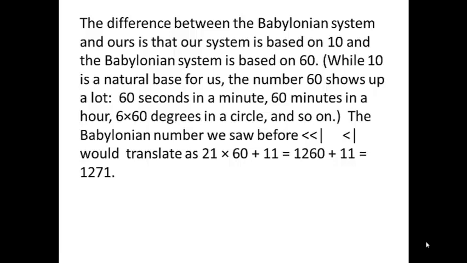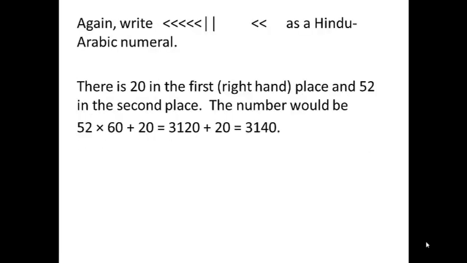So the Babylonian number we had before, with 21 in the second place and 11 in the first place, would mean that we had 21 60s and 11 ones. So 21 60s is 1260, add 11 to it, and we get 1271. All right, let's do it again.